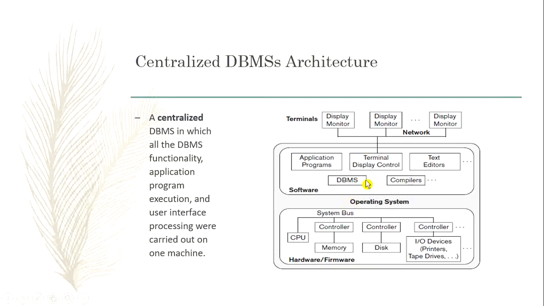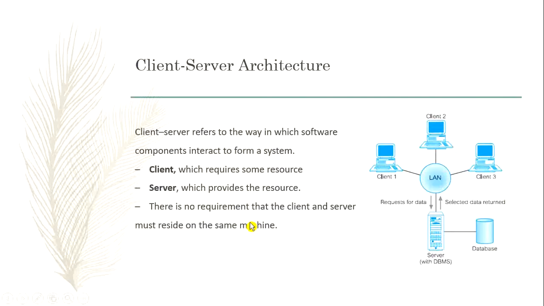When the hardware cost became cheaper and the end user started to purchase computer systems with processing power, then the DBMS started to take advantage of the processing power at the user interface, and then comes the client-server architecture. So first, what is the simple client-server architecture?